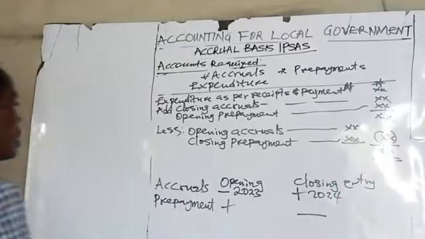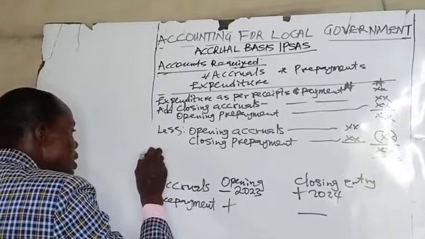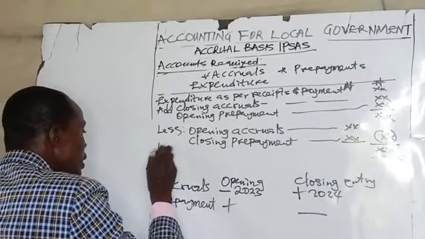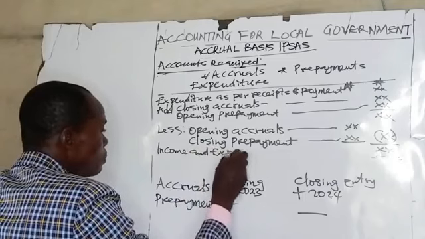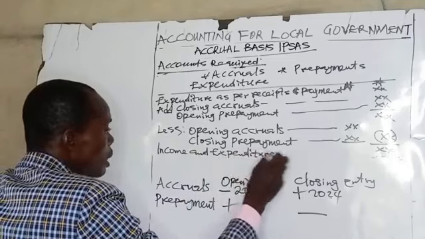The balance is the amount that will appear in the income and expenditure account.